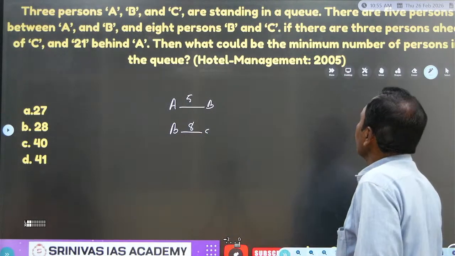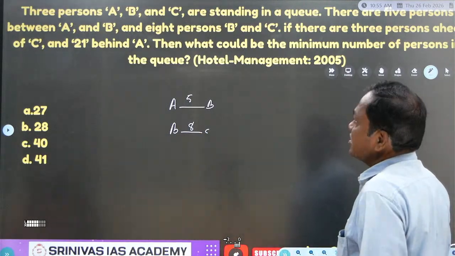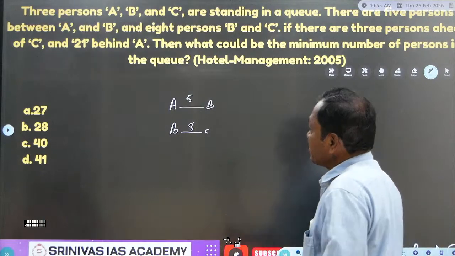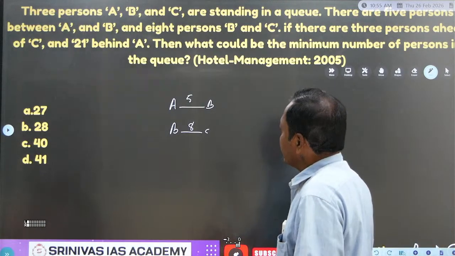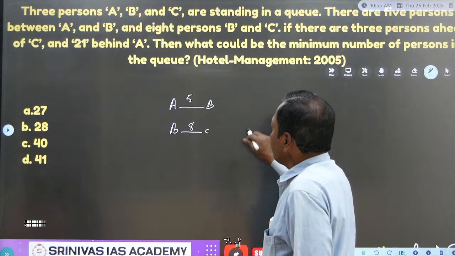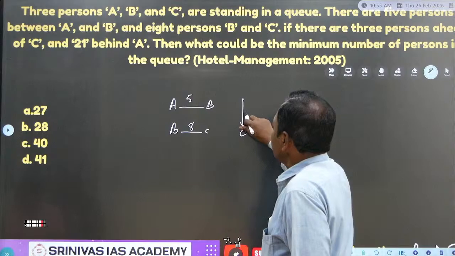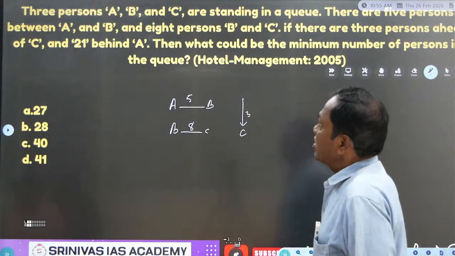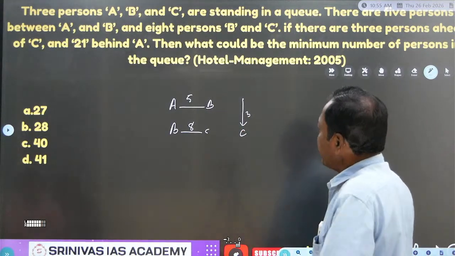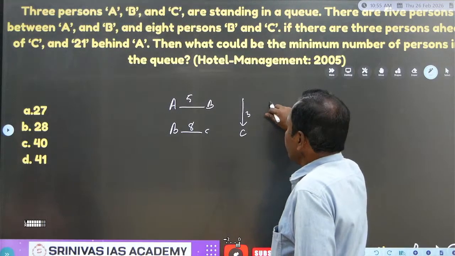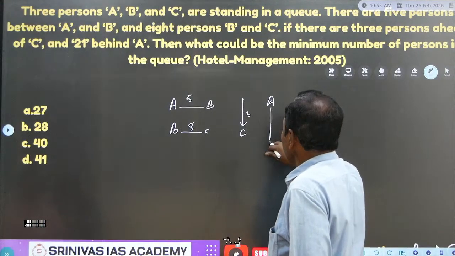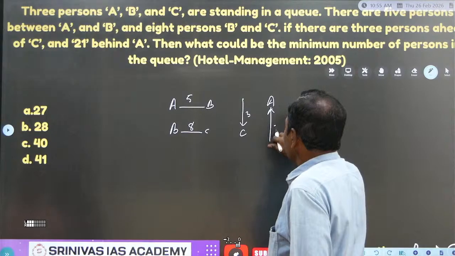If there are 3 persons ahead of C, okay, ahead of C means how can we write it? Let us write, I think this is more understandable. And 21 behind A, like that we can write.